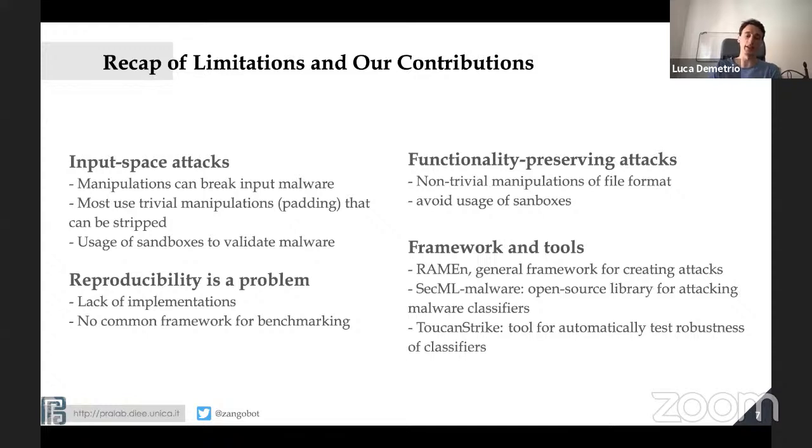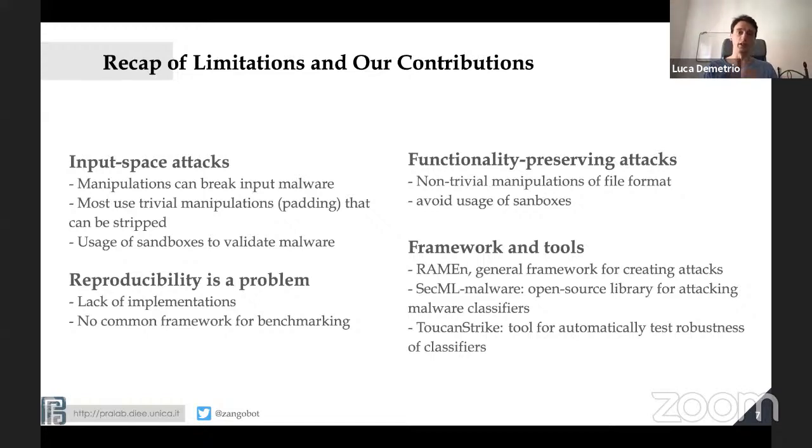Then we create a framework called RAMEN, which is general enough for creating new adversarial attacks, but also for recasting older adversarial attacks inside it. So you have really a pipeline: you have to do this and that, as I told you before. Then we create a Python library called SecML Malware, which is open source, and already includes some of the state-of-the-art attacks and our novel attacks.